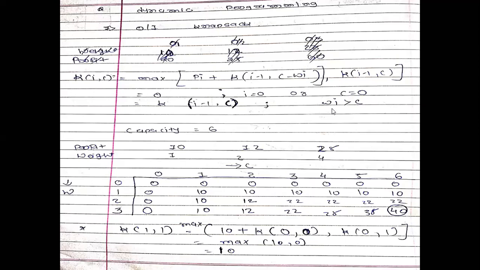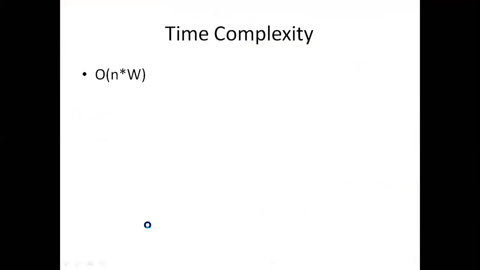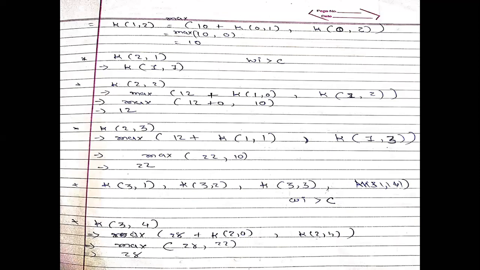હવે ફોર નેક્સ્ટ that is for cell 3 of 4. So let's calculate for 3 of 4. 3 of 4 we will check weight of 3, that is 4. 4 is greater than 4. Condition is false. So you have to put this formula. So max of PI એટલે કે profit of third item, that is 28 plus K I minus 1 એટલે 2 comma C minus weight of I. C છે 4, weight of I છે 4.